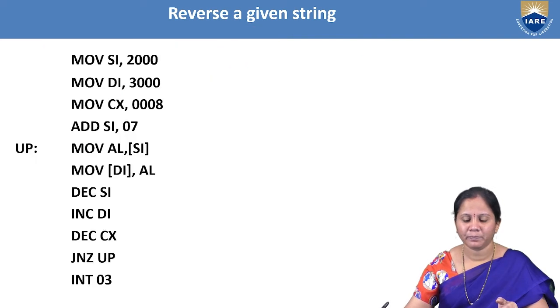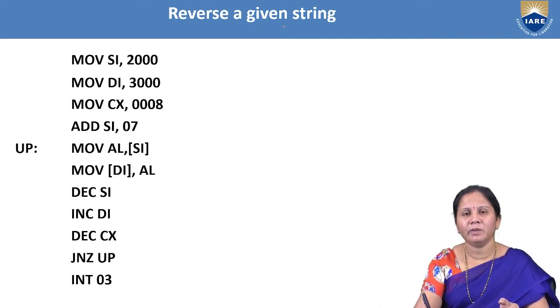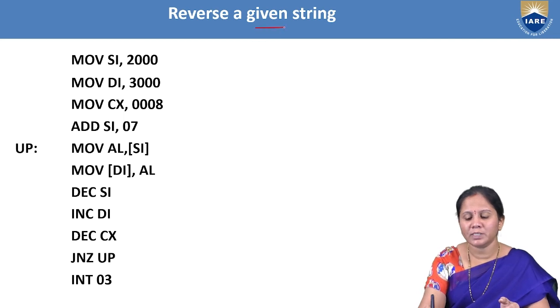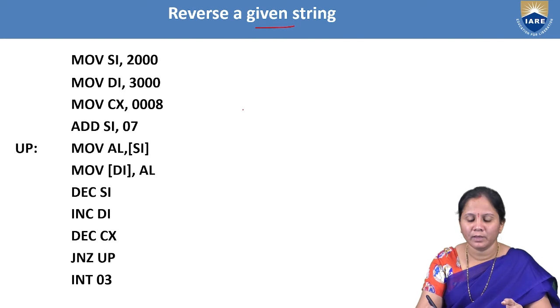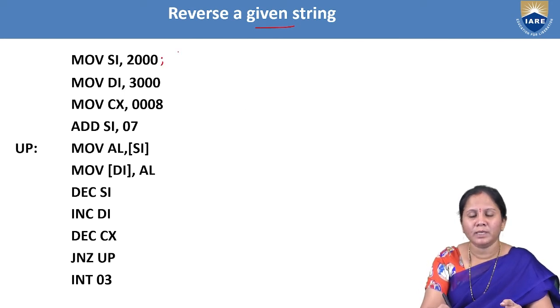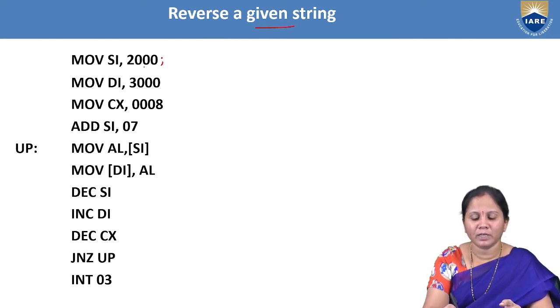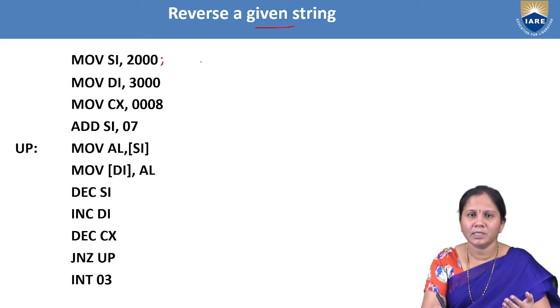Now, this is the assembly language program to reverse a given string. Previously we have taken the string. Now, MOV SI, 2000. Here we are initializing 2000 into the SI register in order to take the set of inputs, the input string.